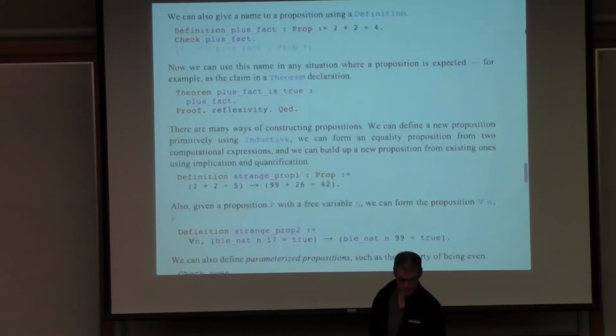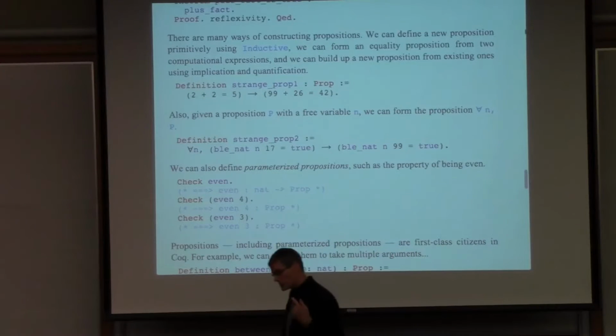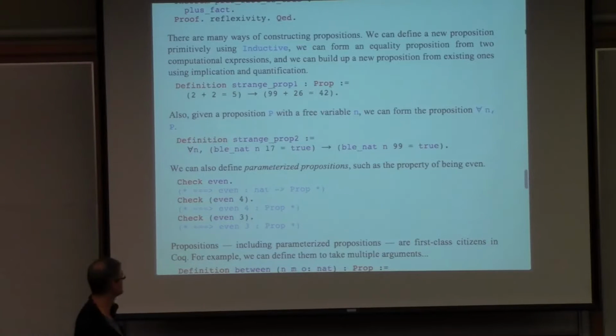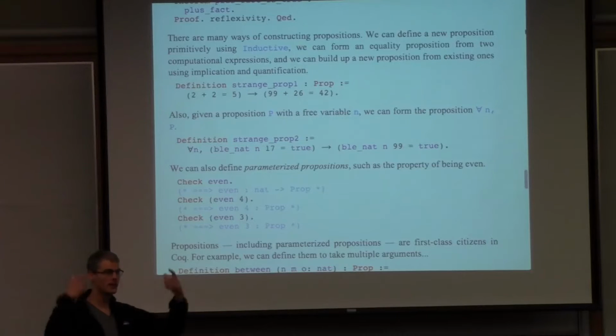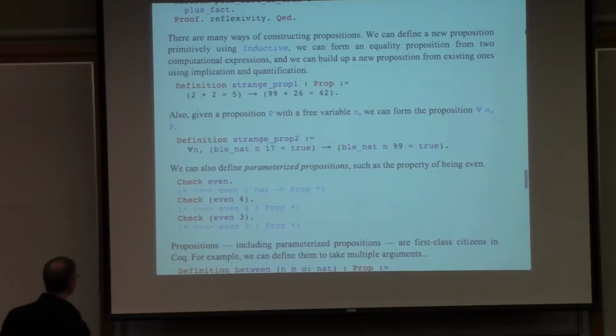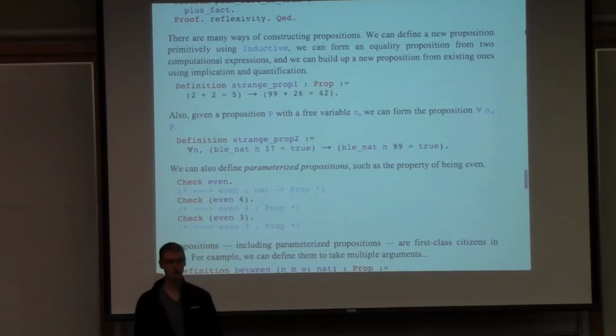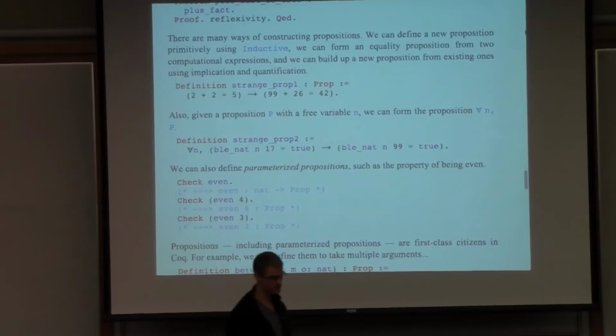Now we can use old propositions to build new propositions. We've seen this before, of course, because you can take two propositions and put an arrow between them, and that's a new proposition. But we can also define parameterized propositions like even. That's a function from numbers to propositions.